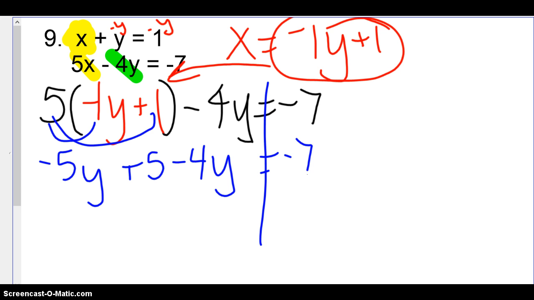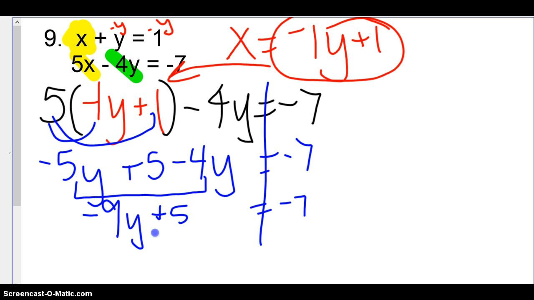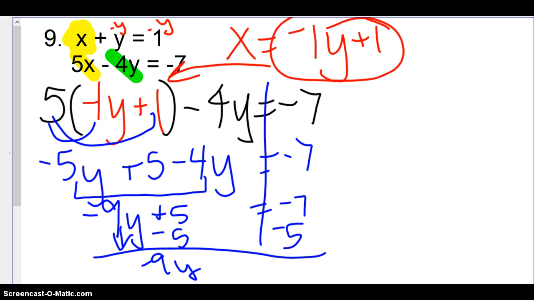And I think to myself, oh my gosh, these numbers don't go very well together. This one's going to give you a fraction, and that is okay. Fractions are not evil, no matter what you say. So negative 9y plus 5 equals negative 7. Negative 5, minus 5. I drop down negative 9y equals negative 12.